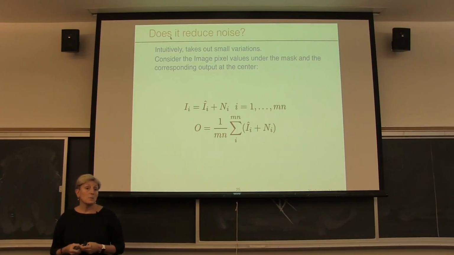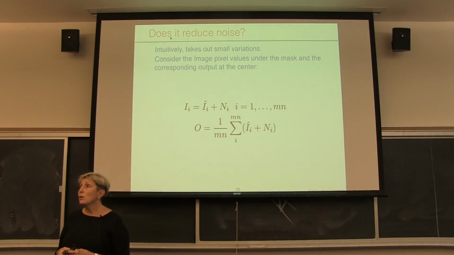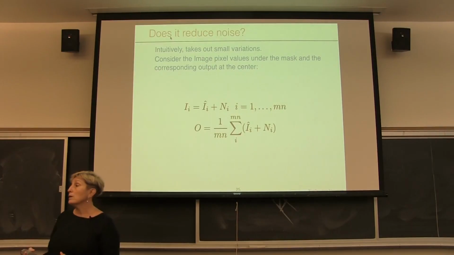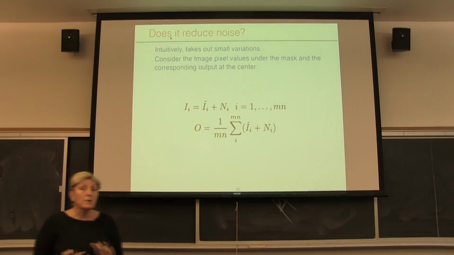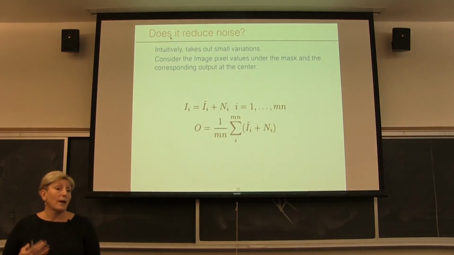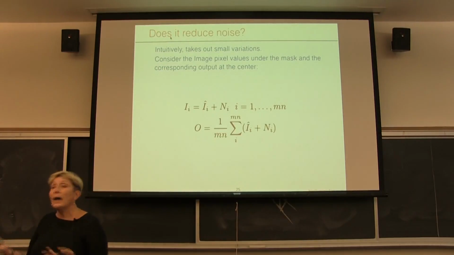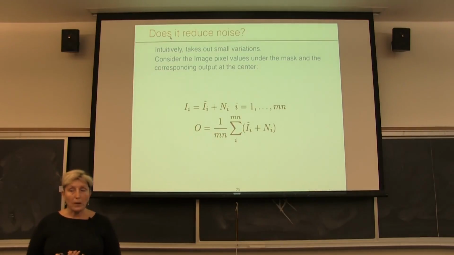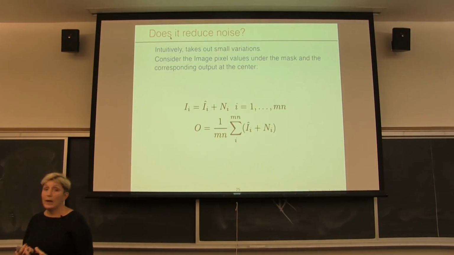Well, I need to make some assumptions about my noise. First of all, I'm going to assume that my noise is zero mean. That means it's not making my images darker or brighter. On average, I add 0. Sometimes I add something positive, sometimes something negative, but on average it goes to 0. So I'm going to assume that the expected value of the noise is 0 everywhere.